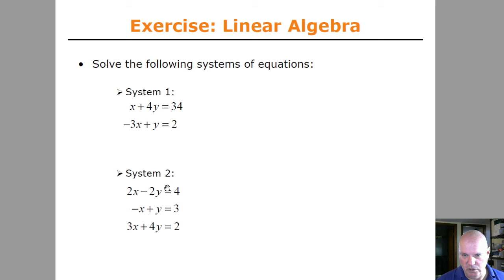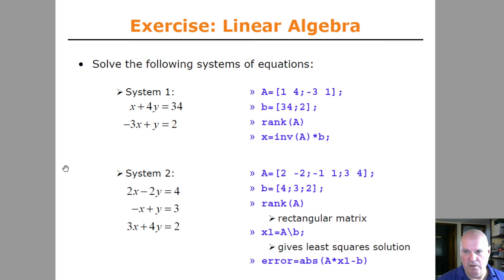This is, of course, an overdetermined system, so it may or may not be consistent. Again, the matrix here is going to be a 3 by 2, so it's not going to have an inverse. But if you try the regular Matlab solution, it will give you kind of a best fit solution. And we didn't talk about that. What we would say is that if this system turned out to be consistent, it may have a solution.